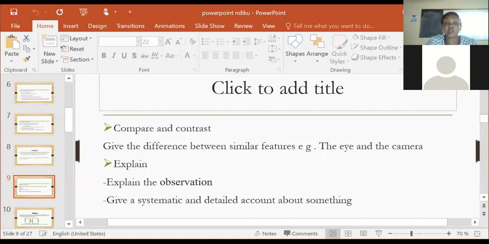We also have the term explain, which is also used. When you are asked to explain the observation, then you give a schematic and detailed account of something.